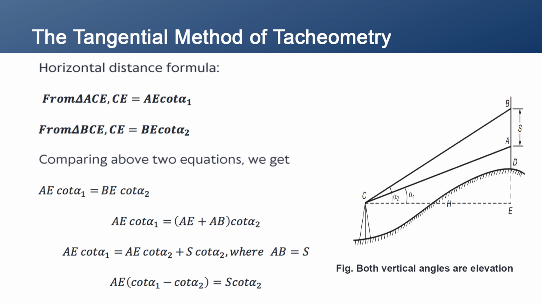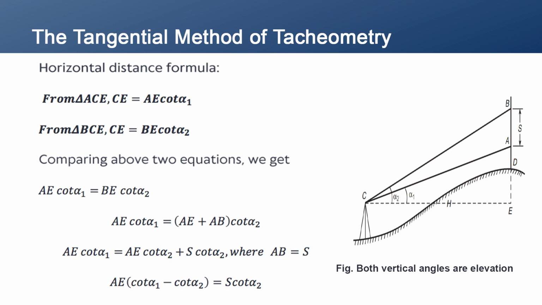And we know BE is nothing but AE plus AB. So, we can write AE cot alpha 1 is equal to (AE plus AB) cot alpha 2. So, multiplying the cot alpha 2 inside, we arrive at AE cot alpha 1 is equal to AE cot alpha 2 plus AB cot alpha 2.